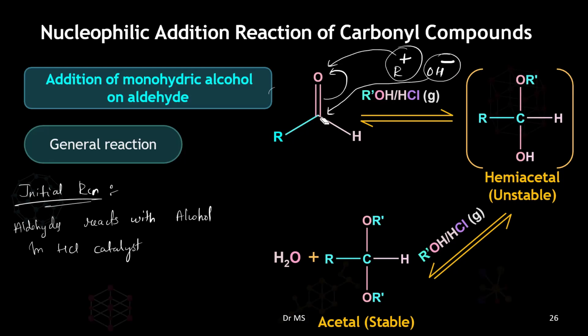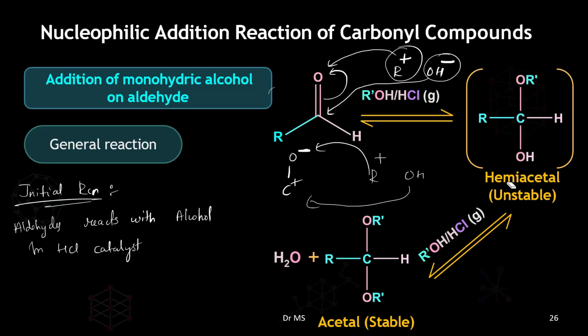So this is the very basic thing that's happening for everything. You just need to understand when ROH is there, which one will turn out to be positive, which one will turn out to be negative. As we know, R is positive, and the carbon and oxygen: oxygen will be negative, carbon will be positive. So the R will attack the oxygen, OH will attack the carbon. So that's how it will form the acetal, which is very unstable.